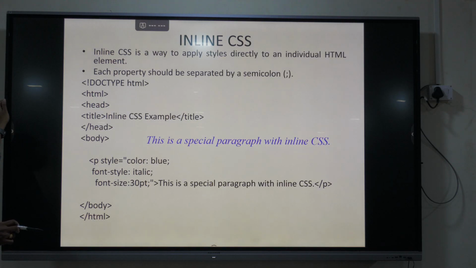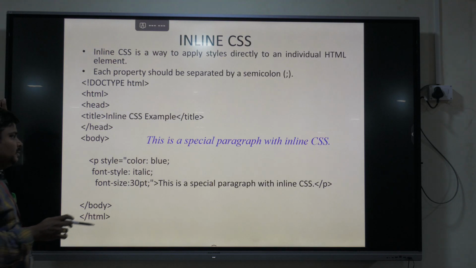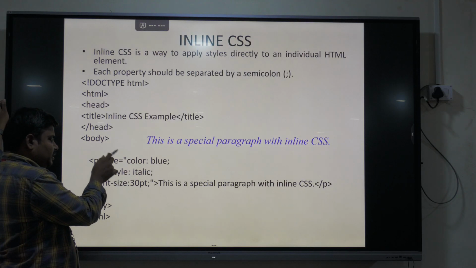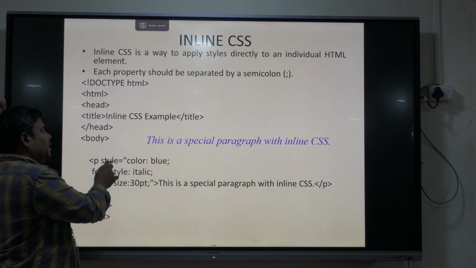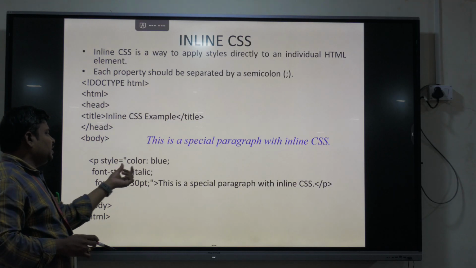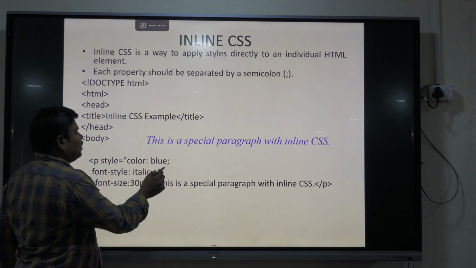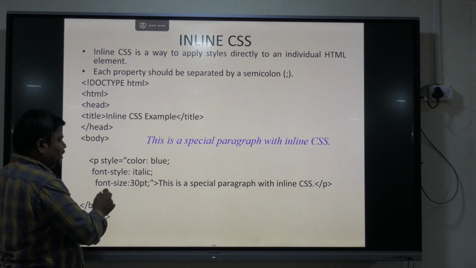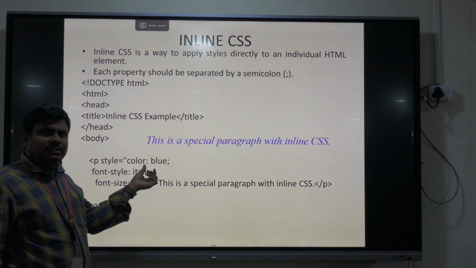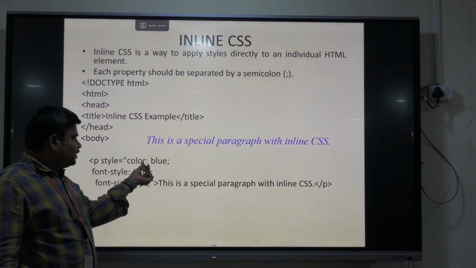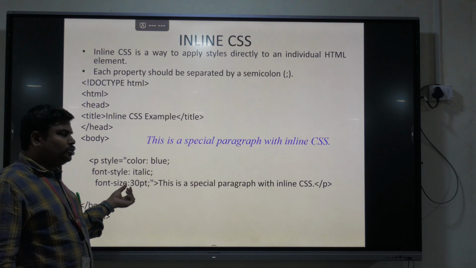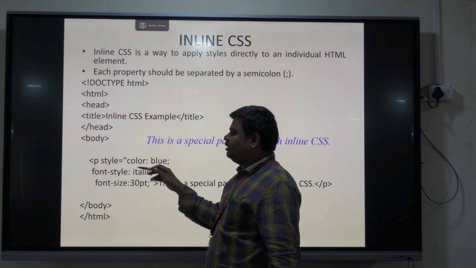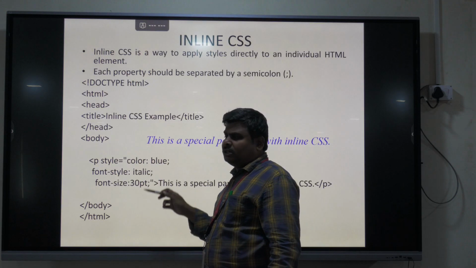For each and every tag, if you want to apply style, you have to add the style attribute in the current tag. Each attribute name and attribute value is separated with a colon, and all these attributes should be separated with a semicolon. All the attributes which you apply through the style attribute should be enclosed in double quotations.